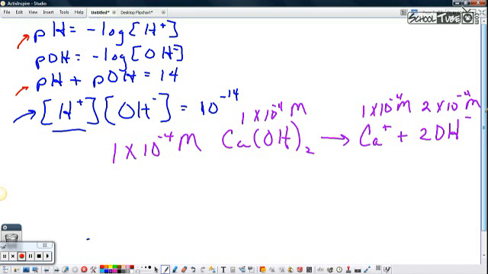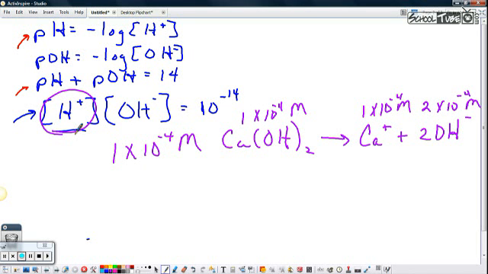Okay. So now I'm going to find the hydronium ion concentration. I have already done that, haven't I? What is the hydronium ion concentration? 2 times 10 to the minus 4 molar. Now I need this one. You with me?